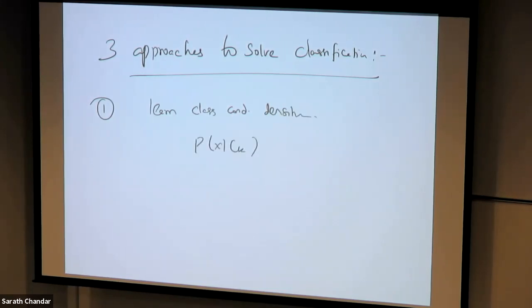What is the probability of seeing this data given this is the class? And also learn the prior probabilities of the class, P of Ck.